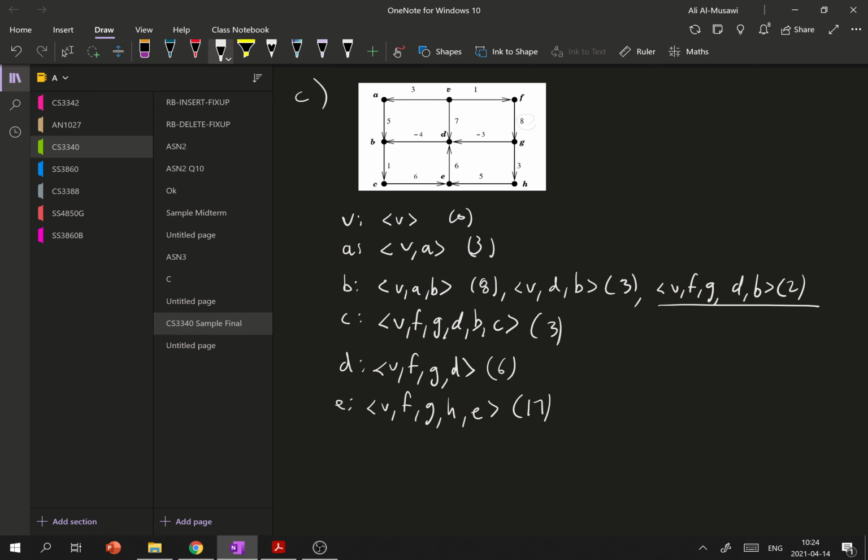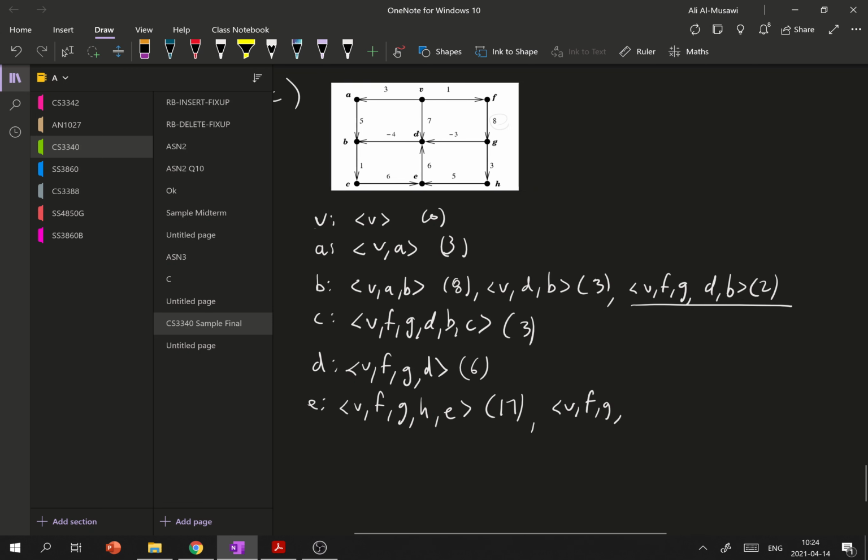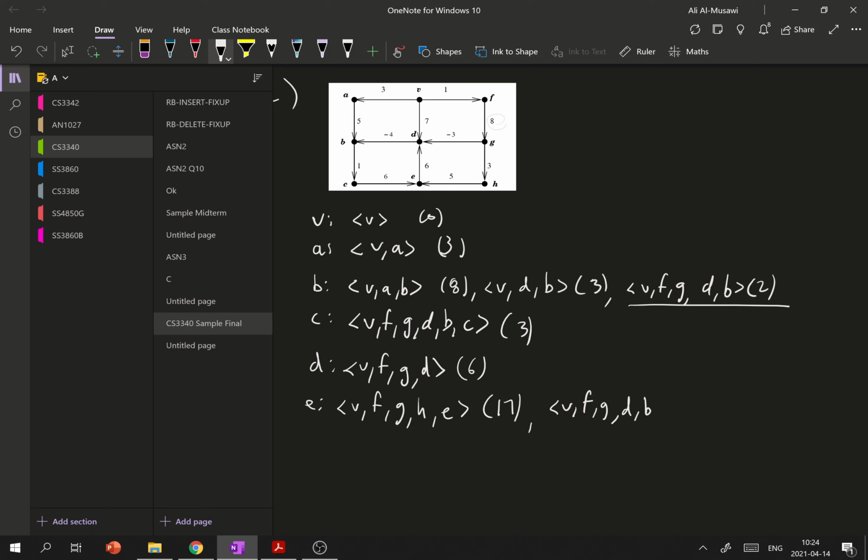So 12 plus 5. But there's another one through C, and I already know the best path to C. So this would be V, F, G, D, B, C, E. And the cost would be 3 plus 6, 9. And that's it. There are only 2 paths to E, and I already computed the best path here.